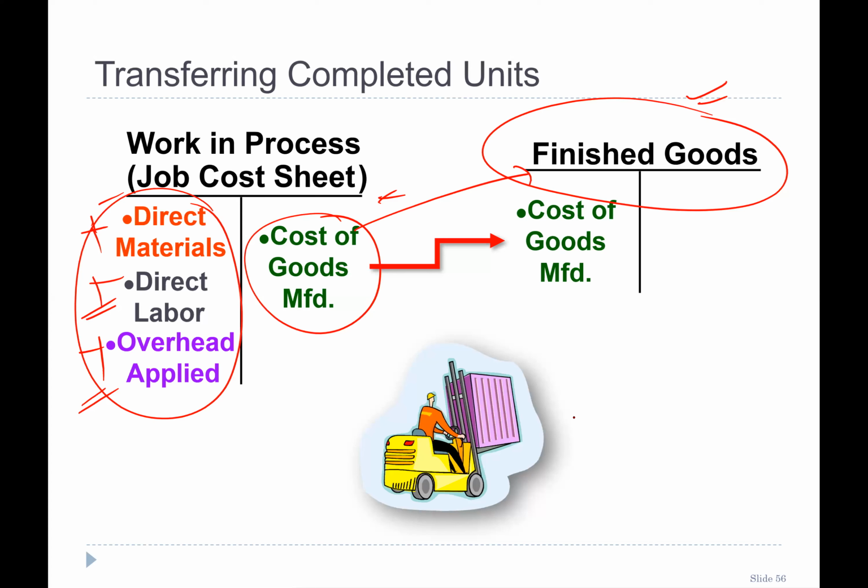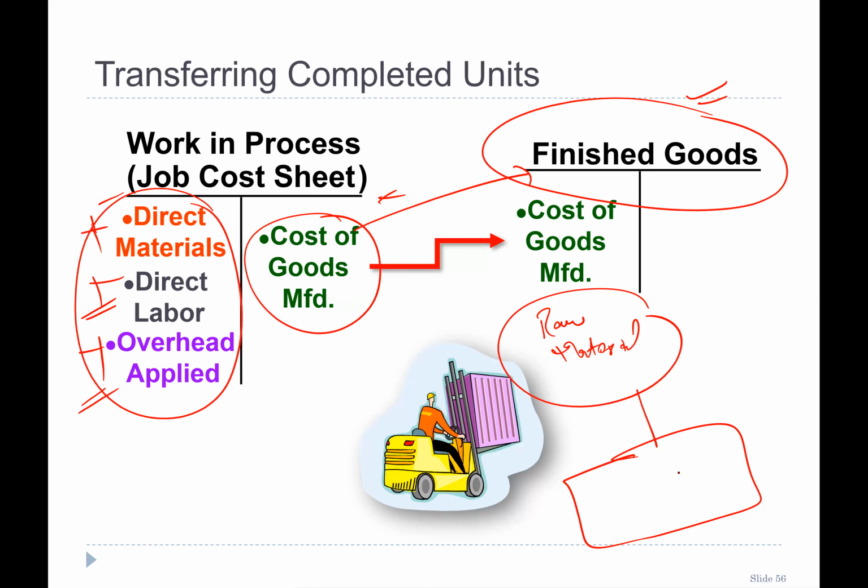So the hierarchy is that first raw material. The raw material will go to make the finished goods through work in progress, which are unfinished goods. Some books call it work in progress and some books call it work in process.